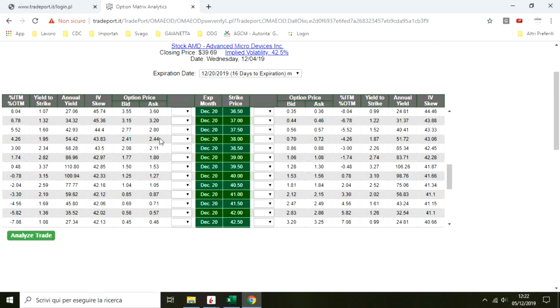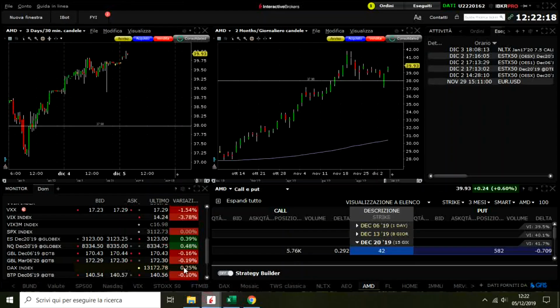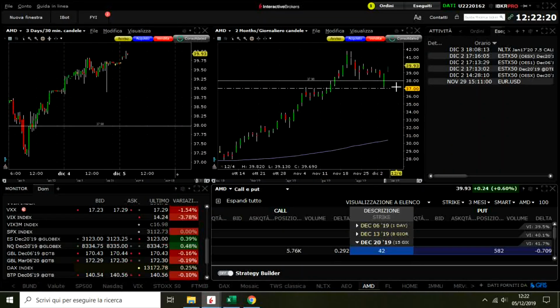So for $42 per share at maturity, you would gain 1.56 per share, in front of the risk of losing, let's say, 1.40, applying a stop loss should the price of the underlying go down to 37.